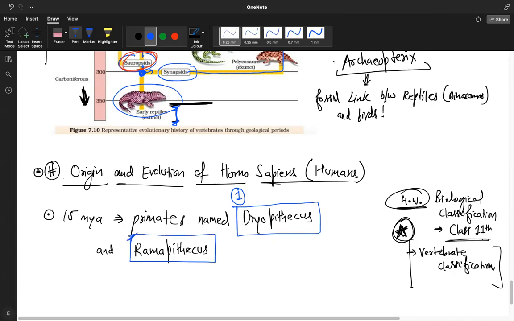Even the genus is not the same. They're not at all humans. Humans do not exist in this time frame of 15 million years ago. These species are just like synapsids and therapsids, etc. You understand? Yes, sir.